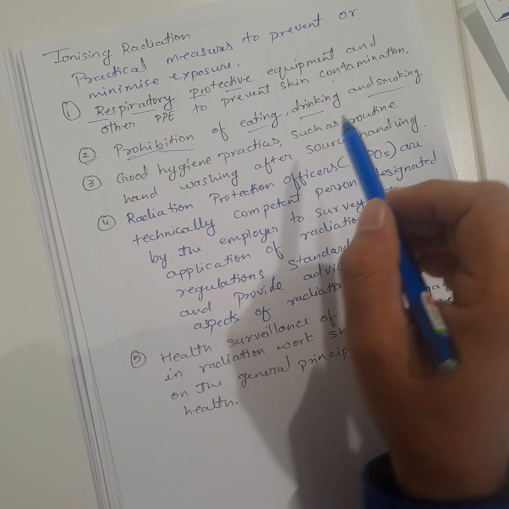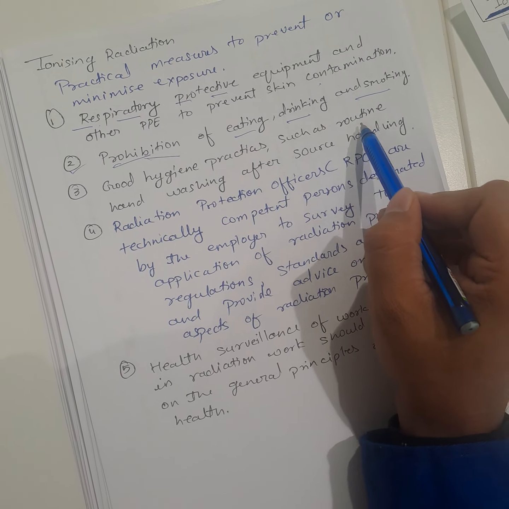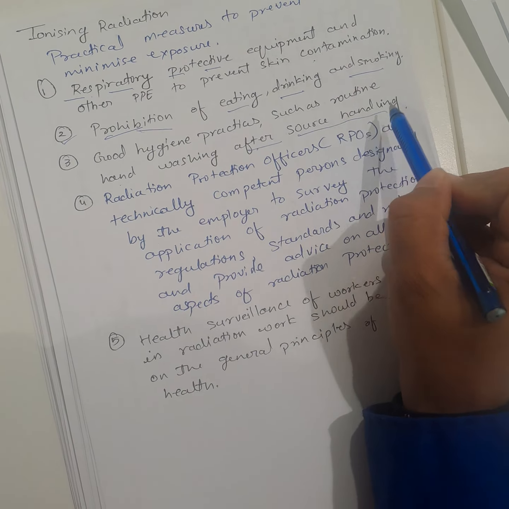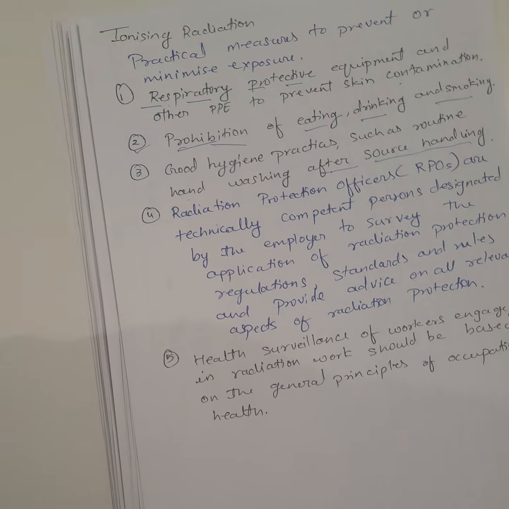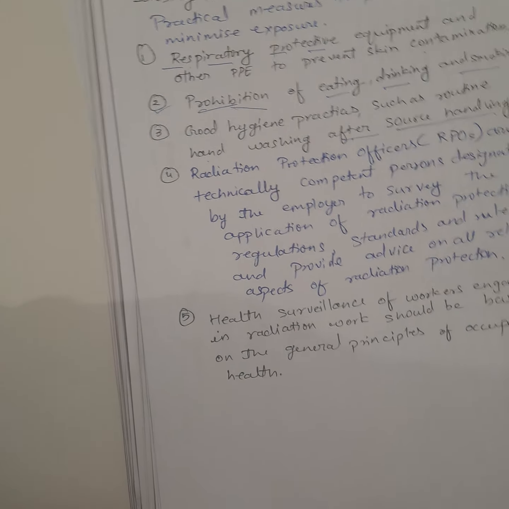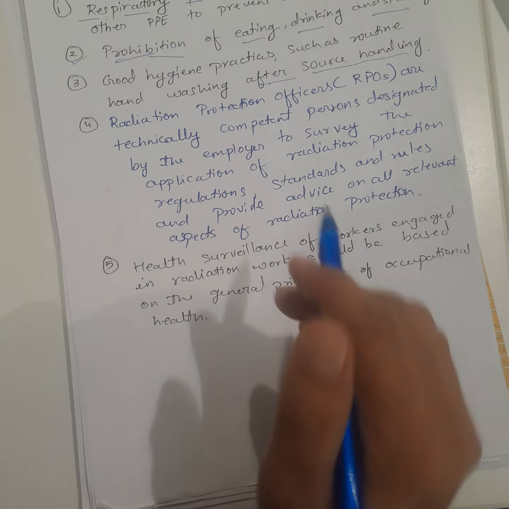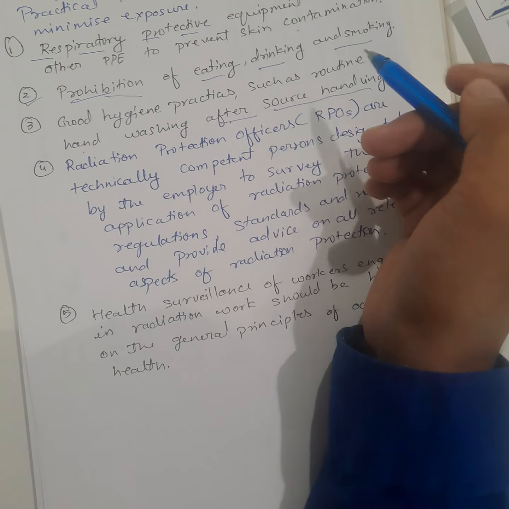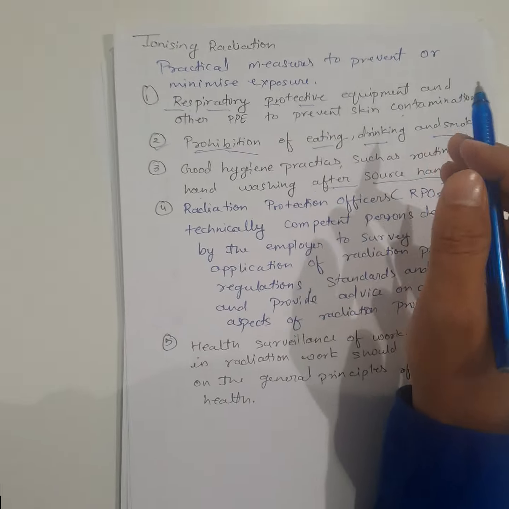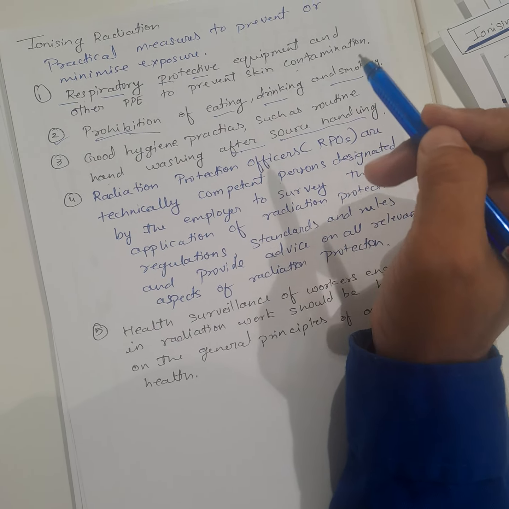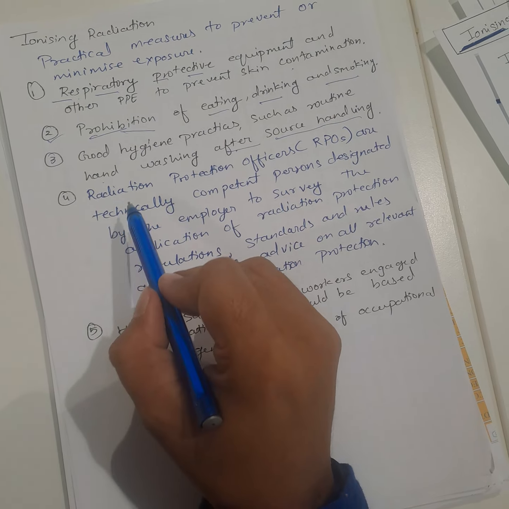Good hygiene practice, such as routine hand washing after source handling. Employees working at that place should regularly wash their hands, before eating or anything, and maintain clean hygiene at their workplace.